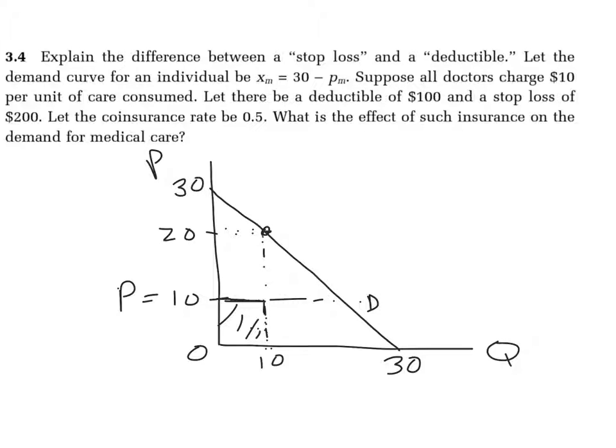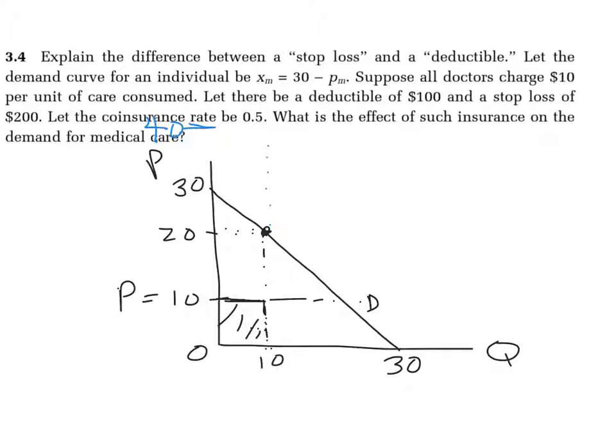The person's valuation of that 10th unit of healthcare services is 20. And so then you think, well, if there's 50% coinsurance, what market price would result in an out-of-pocket payment of 20? And of course, at 50%, if the price were 40, that person would end up having to pay 20.